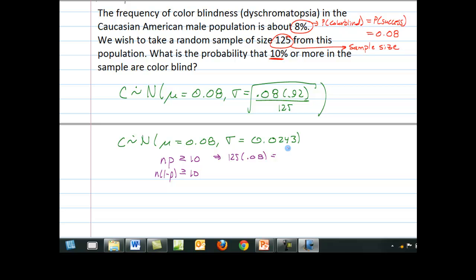So this is greater than or equal to 10, so that's good. Now n times 1 minus p would be 125 times 0.92, the complement of that. So that should equal 115, and that's greater than or equal to 10. So these are good values to come up with an approximately normal distribution.